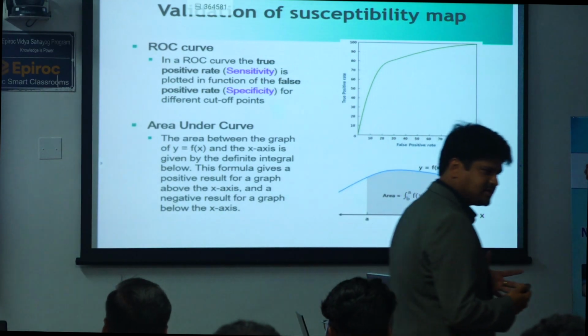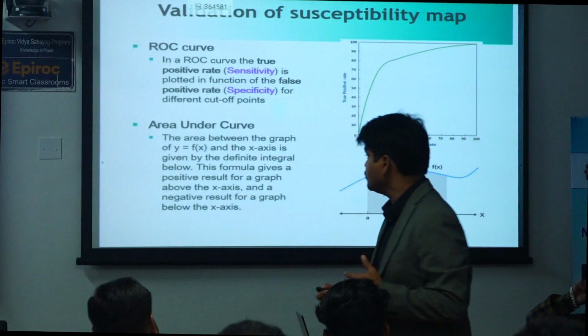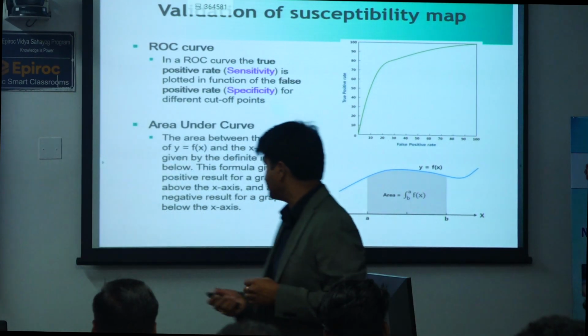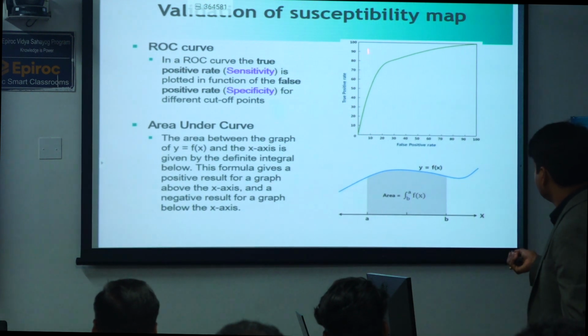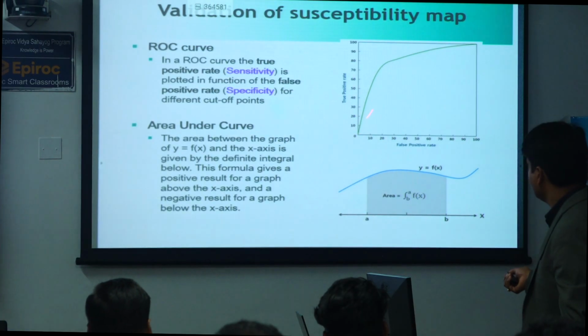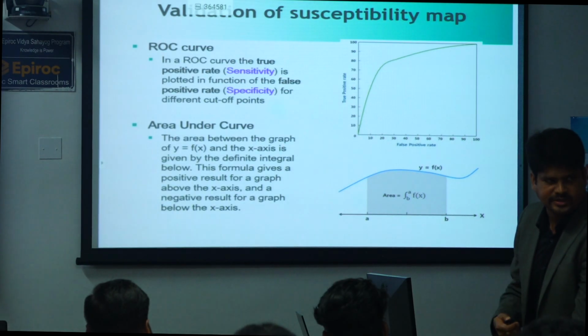So ROC is nothing but true positive and false positive. Okay, that means what it does, it takes the graph: the x-axis is the false positive rate and the y-axis is the true positive rate. And you can see the values are varying between 0 to 100, right? Because ultimately we are going to calculate the percentage.